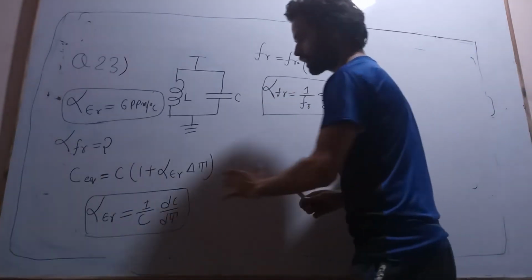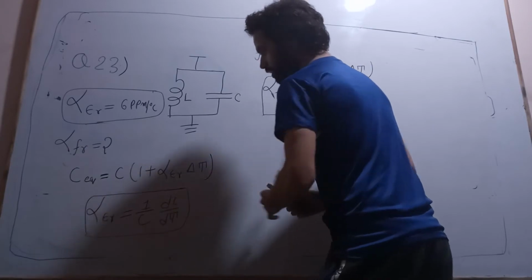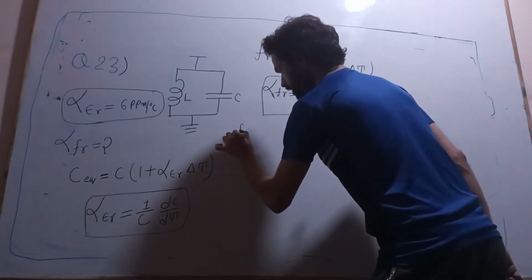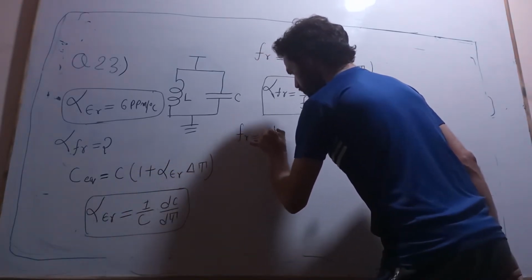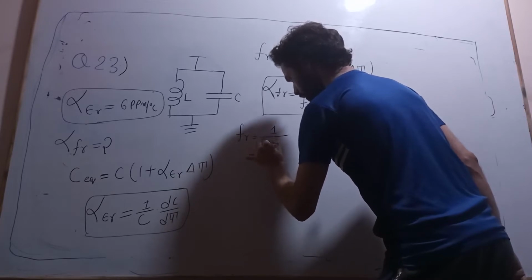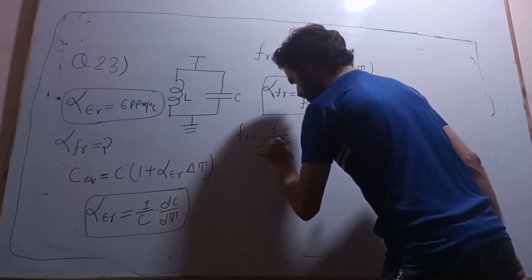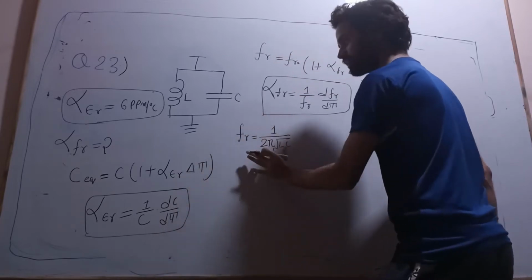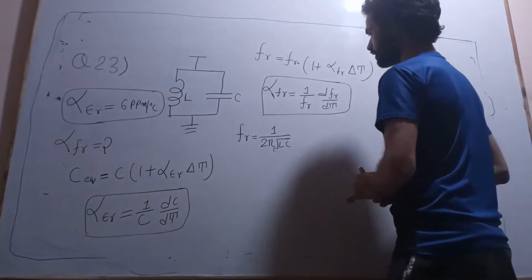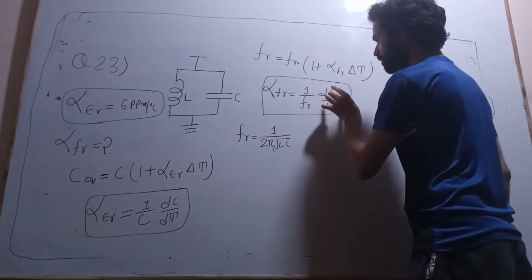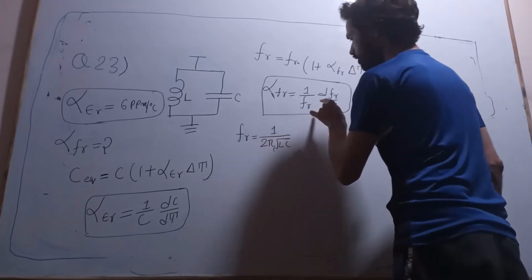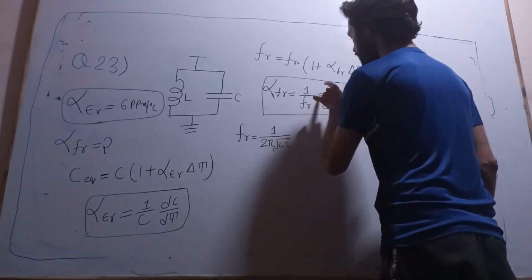For that, first of all, the resonant frequency fr is equal to 1 by 2 pi square root of LC. This we know very well. Now there is a term dfr by dT, so we will calculate this step.